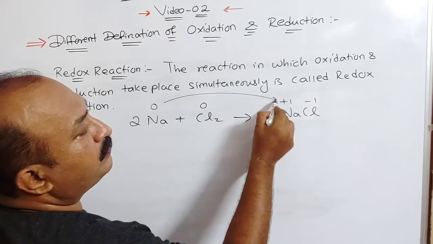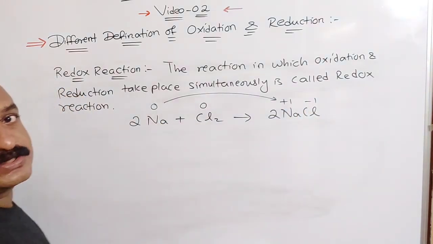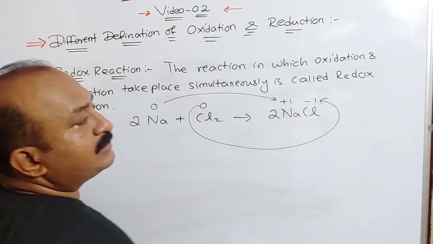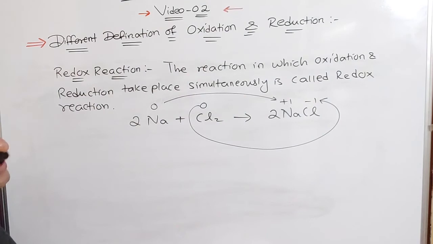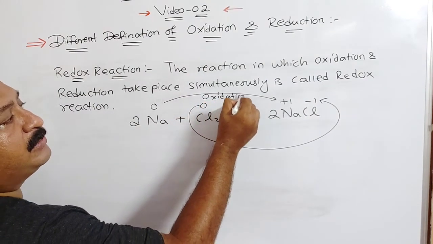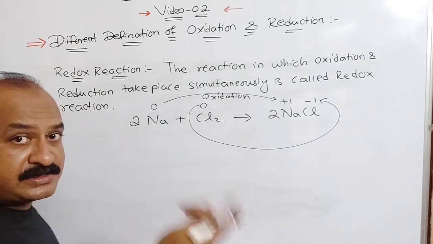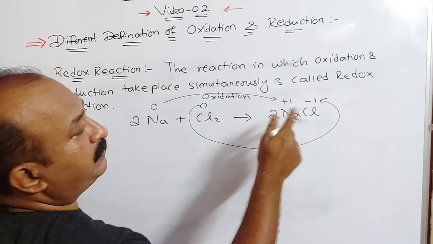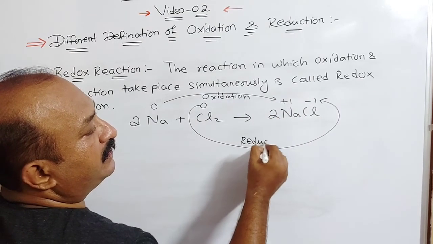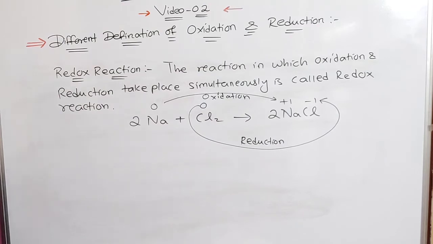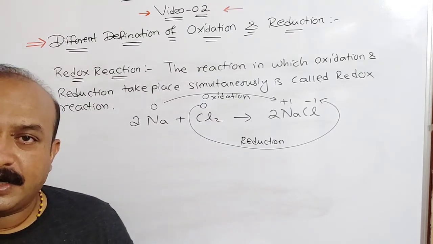So 0 to +1 there is an increase in oxidation number, and 0 to -1 there is a decrease in oxidation number. So this one is oxidation, because of the increase in oxidation number; there is another definition that we'll study in the next video. And here 0 to -1 we call reduction. Means the reaction in which oxidation and reduction take place simultaneously is called redox reaction.